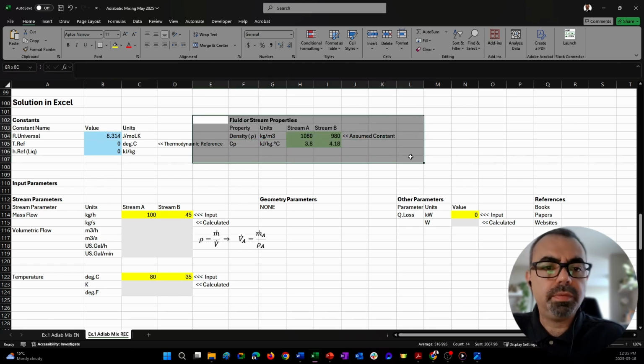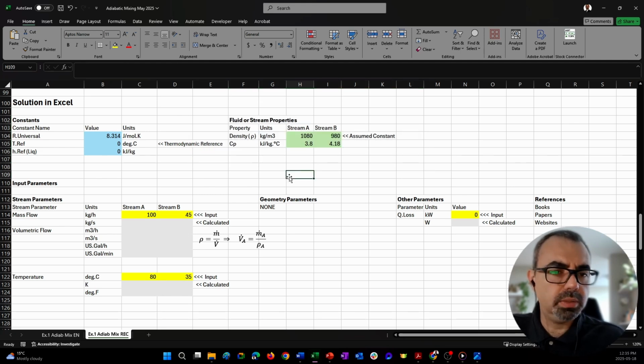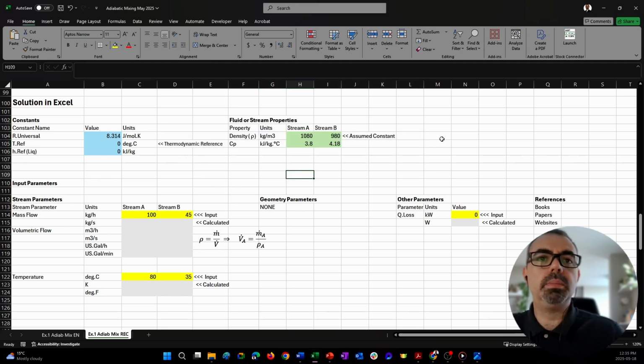Then we have the fluid properties as required. These can be densities, heat capacities, or any other thermal conductivities, or even material properties as required, for example, thermal conductivity of a pipe. Things that are not going to be changing but are related to properties of fluids and material. Then we have the input parameters for the problem, which are going to be changing if required.